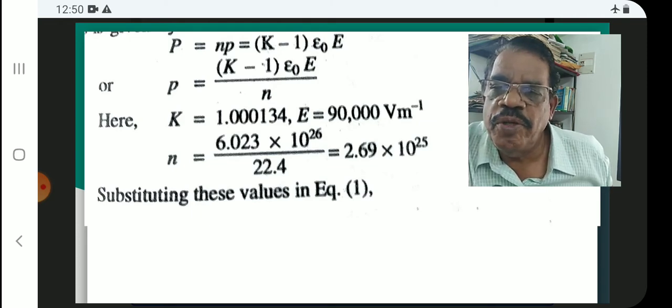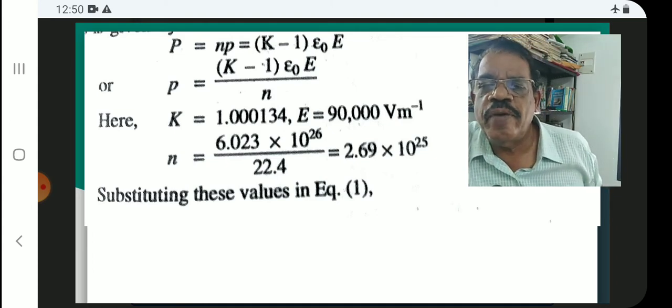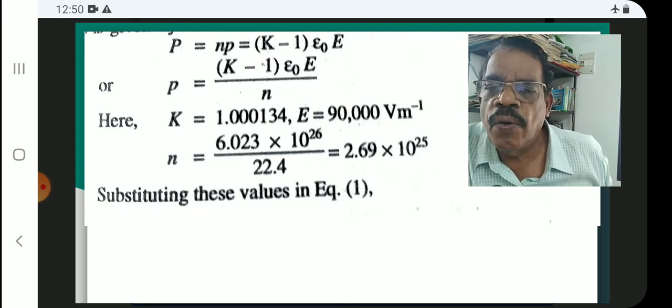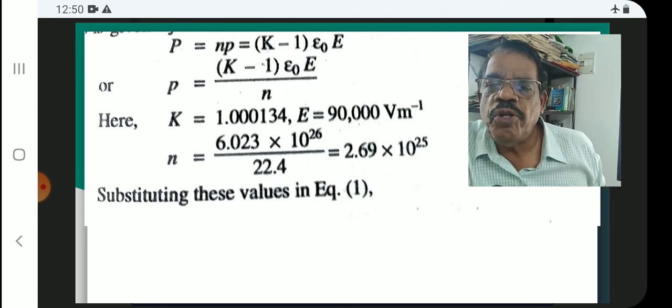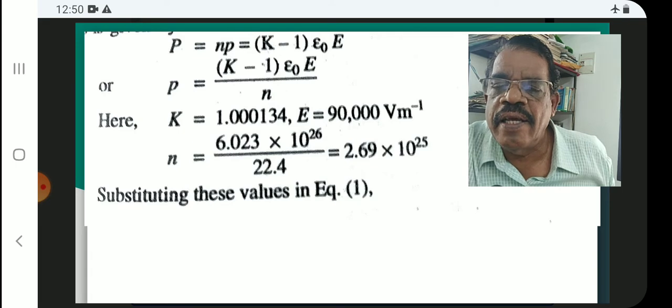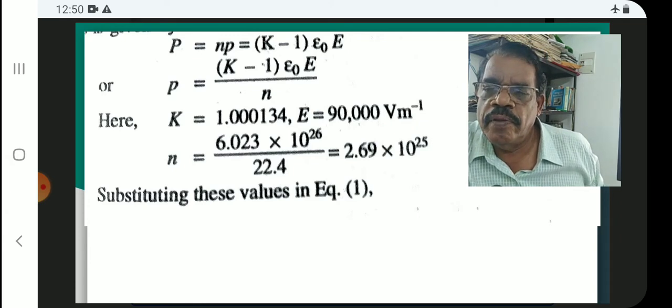Liters, when we convert to meter cube, 22.4 into 10 raised to minus 3. And when this 10 raised to minus 3 comes to the top, we get 10 raised to 26. Or when we take Avogadro number as 6.023 into 10 raised to 26, we need only write volume in liters just below. Need not convert to meter cubed.